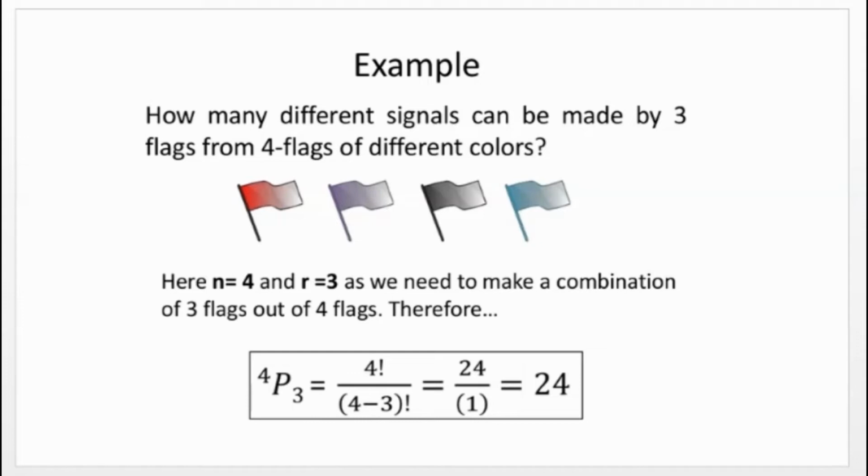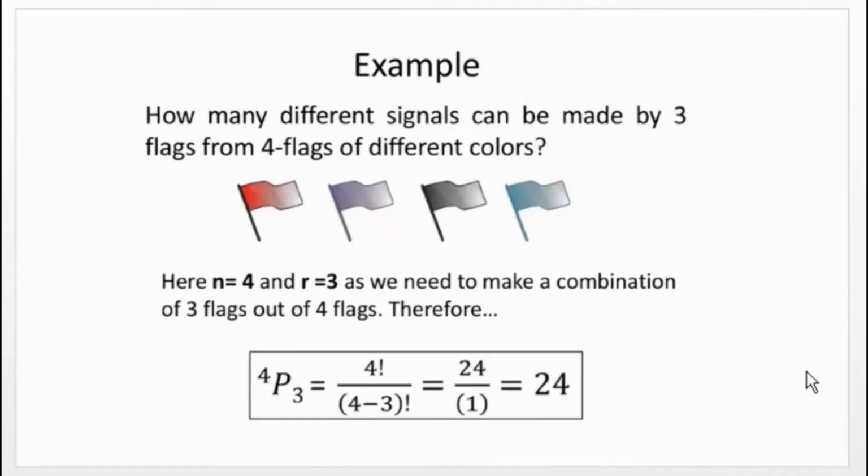Then we can simply apply this in the formula. nPr is equal to n factorial upon n minus r factorial. n is equal to 4, so 4 factorial upon 4 minus 3 factorial, that is equal to 1 factorial.